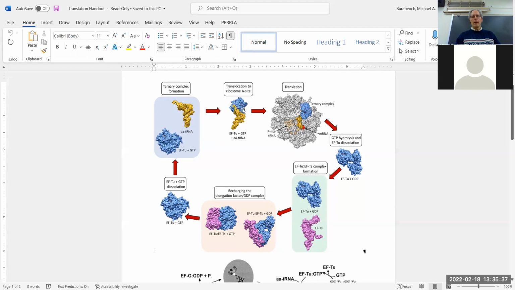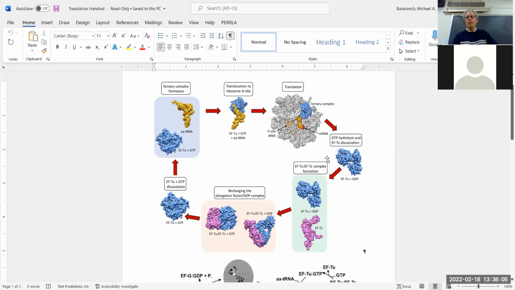If it is, then this complex will properly bind to the ribosome. If it doesn't, then it'll kind of bind and bounce off. So only the complex of EF-Tu and GTP and the charged tRNA that properly corresponds to the codon presented at the A site will actually bind.